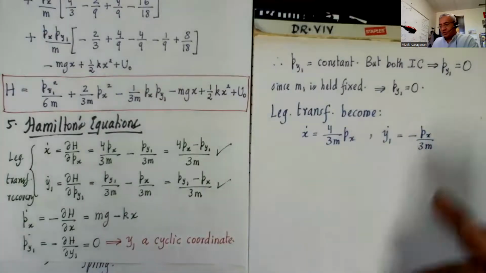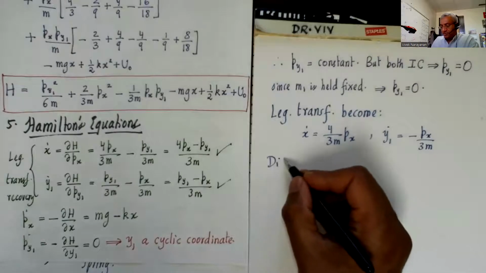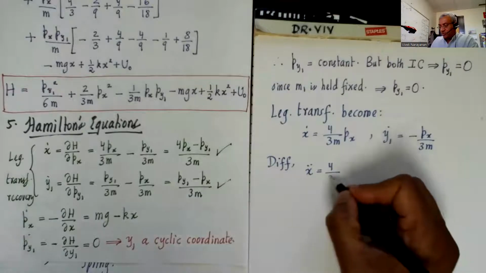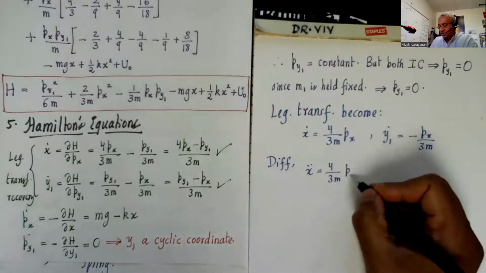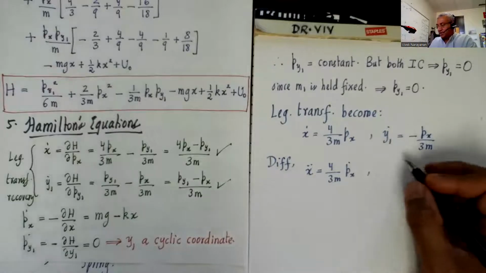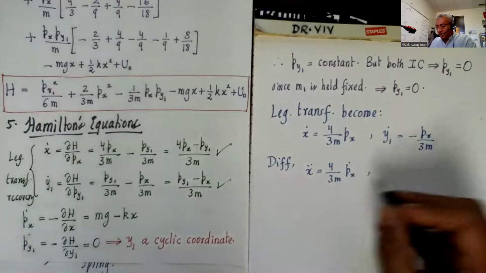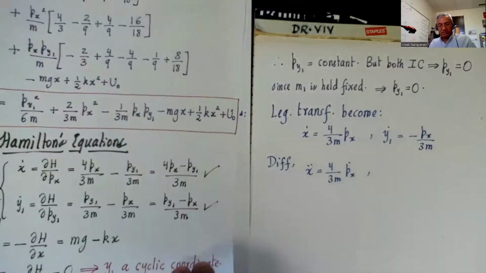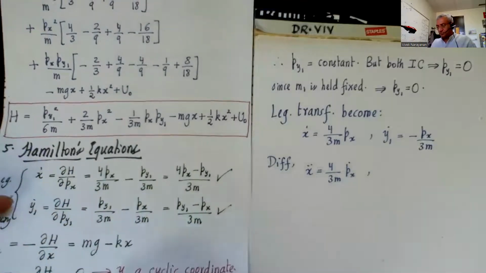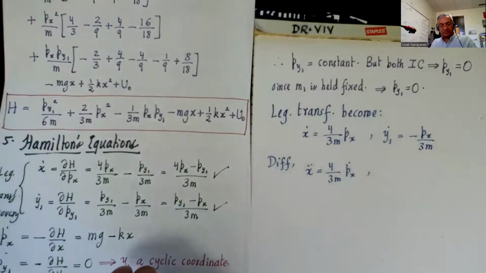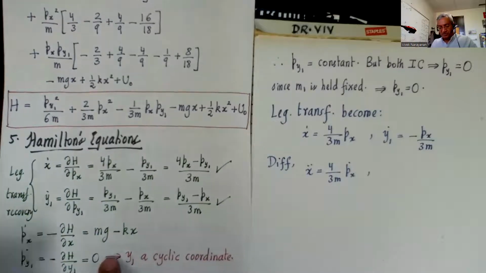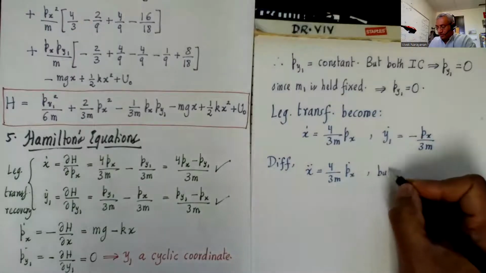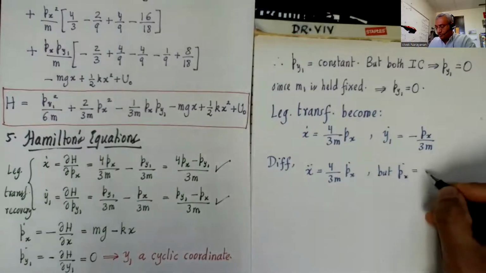What I can try doing is differentiate them again. So differentiating with respect to time, I'm going to get x double dot equals 4 over 3m px dot, but px dot, so this is why I differentiate again, because I have px dot here, it's right here, mg minus kx.